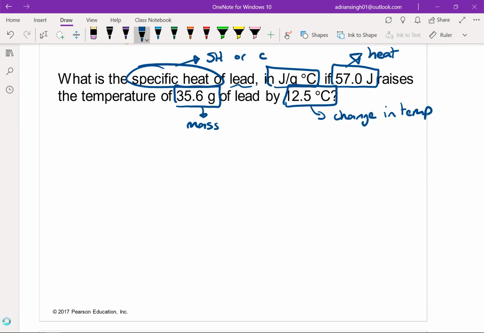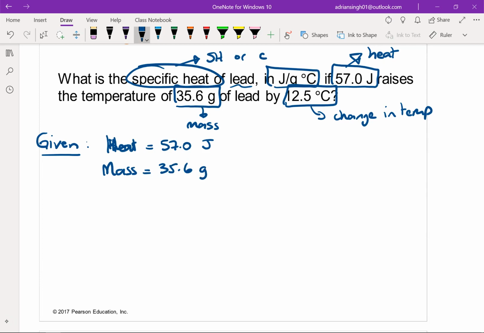So what are we given in this problem? We're given the heat, Q, is equal to 57.0 joules. We're given the mass is 35.6 grams, and we're given the change in temperature, delta T, as 12.5 degrees Celsius.